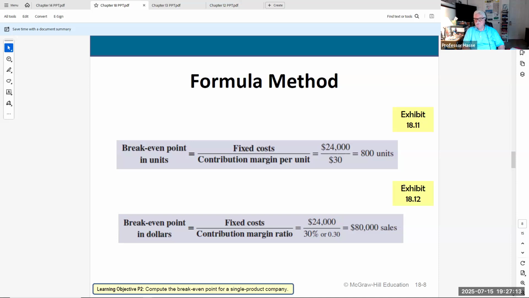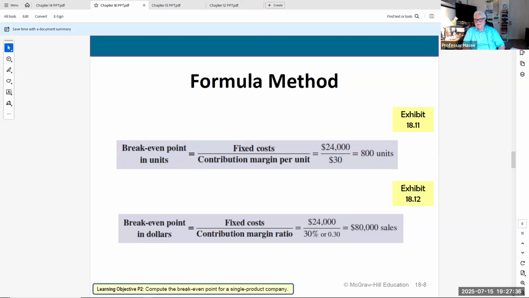But also remember there are fixed costs involved in producing a product. And in this case, it's $24,000. So what is our break-even point? You take the fixed costs and divide them by the contribution margin per unit. 24,000 divided by $30 is 800 units.